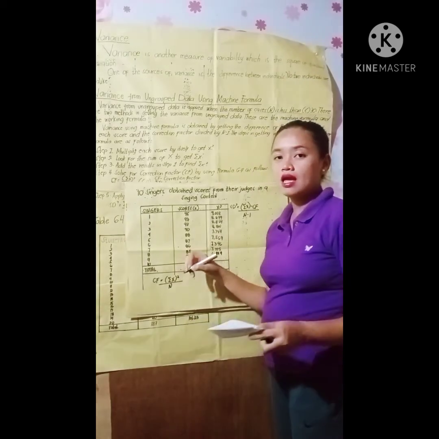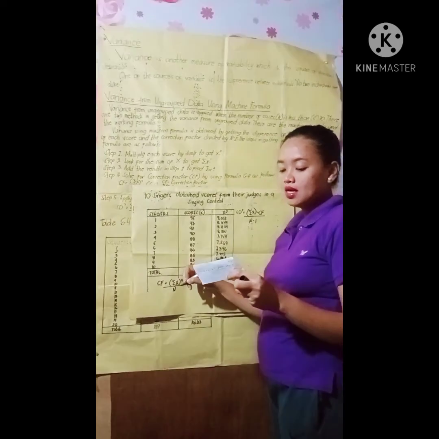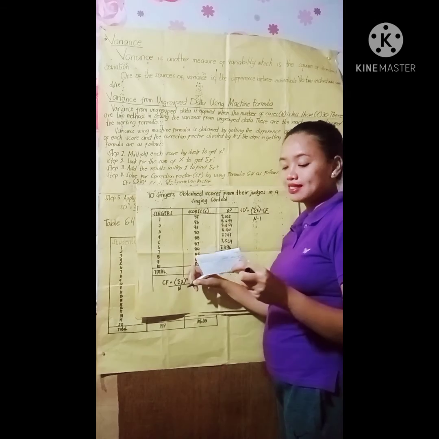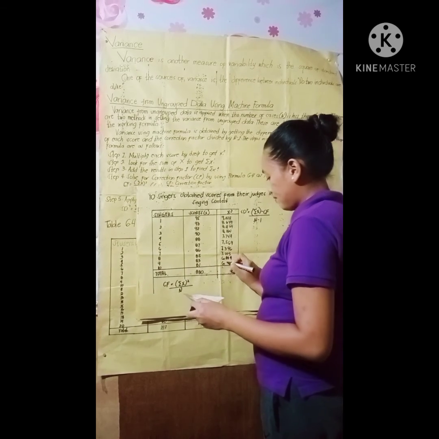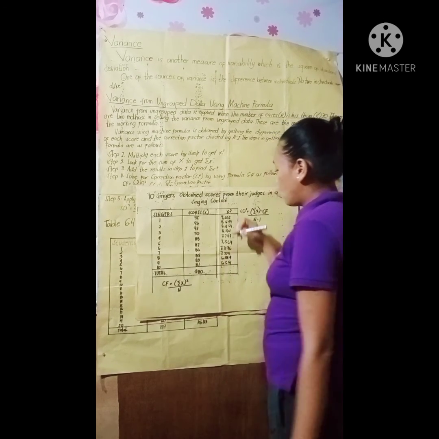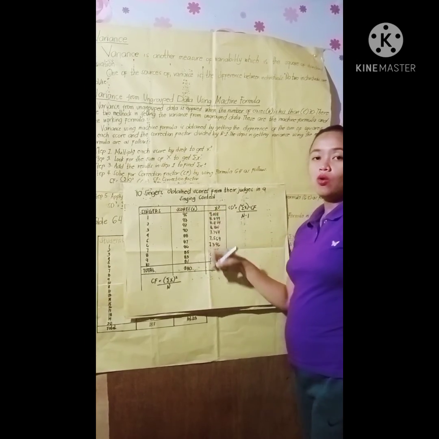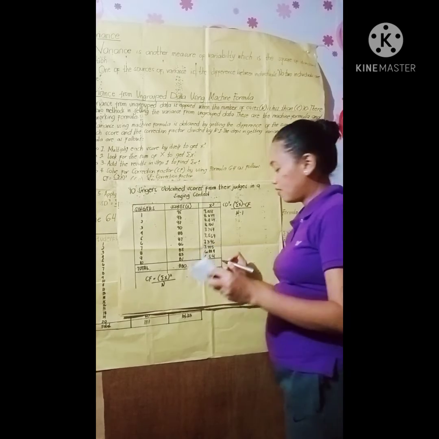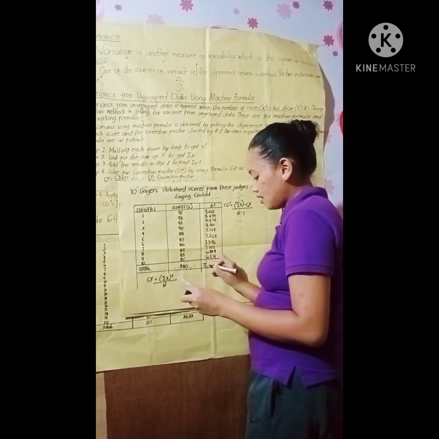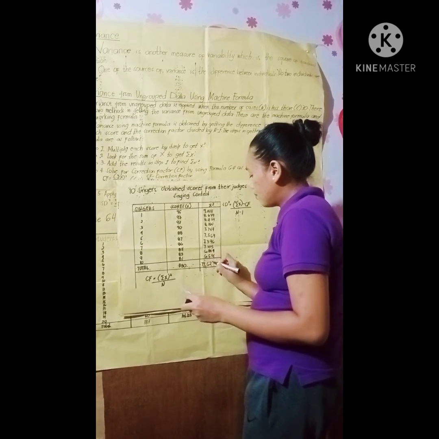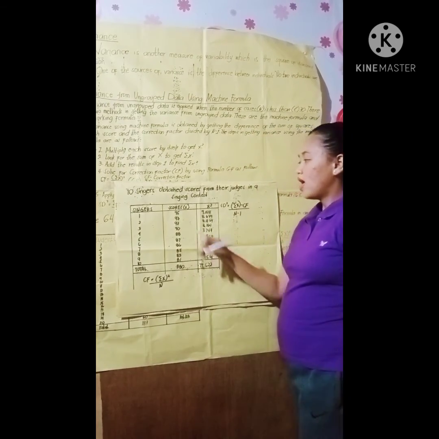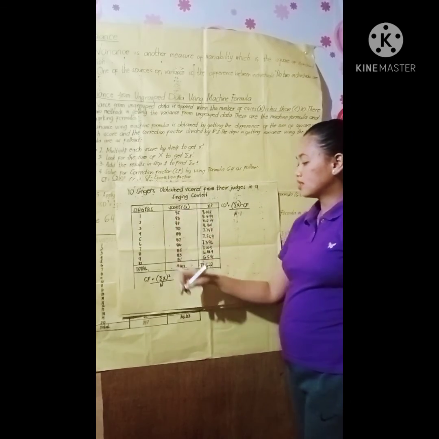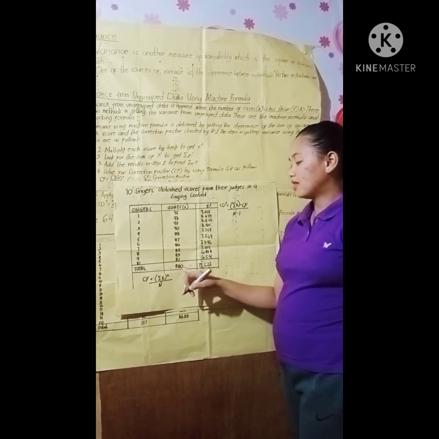And lastly, 81 times 81 is equal to 6,561. So, when you add all these numbers, it will give the sum of 77,622. And when you add all their scores, it will give you the sum of 880.